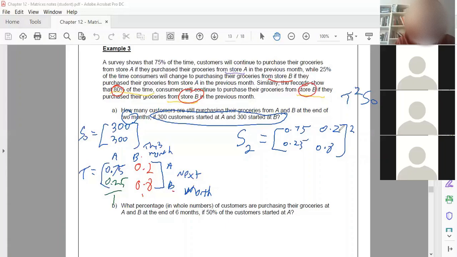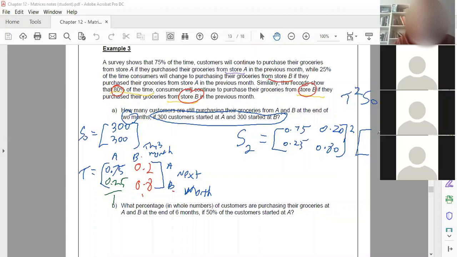I better put the zeros there to keep them consistent, because 0.75, 0.25 is 2 decimal places. So I'm going to keep the 0.2 and the 0.8 as 2 decimal places, only for consistency in your SAC and the exam, really.